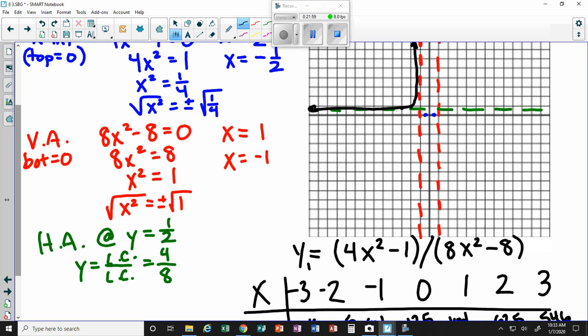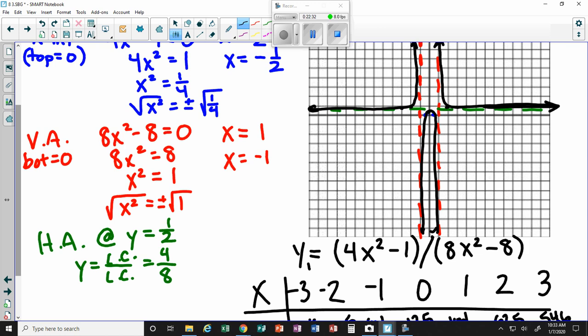I'm at 0.125 at 0, so it goes up, then back down. The next one at 2 is at 0.625, and at 3 it's 0.54, so it's really close to that horizontal asymptote.